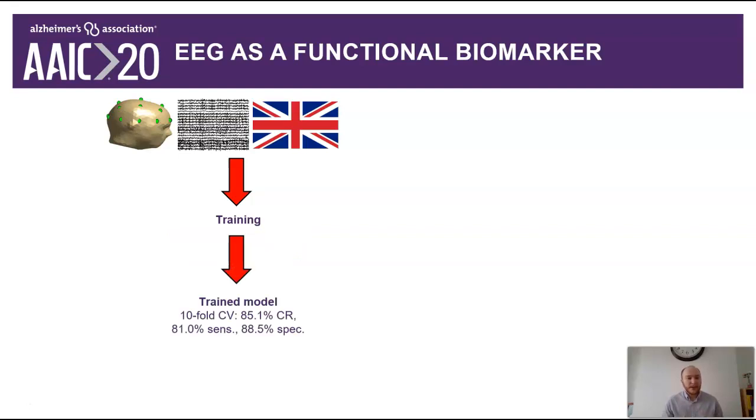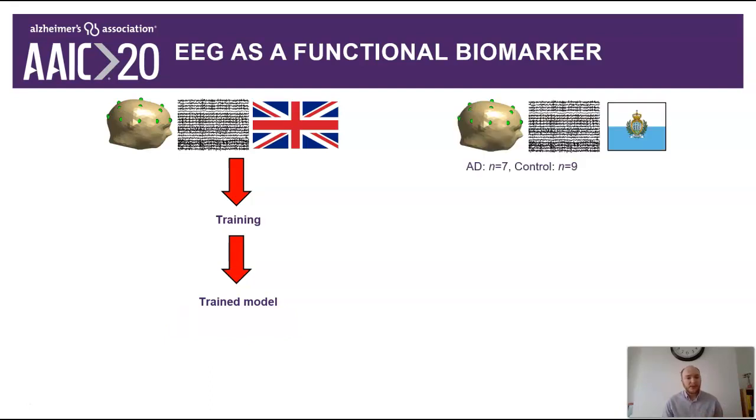So first of all, we just tested the ability of this model using 10-fold cross-validation. And we found that we got high classification rate, sensitivity, specificity, all greater than 80%. So to validate the model on a new cohort, we collaborated with the San Marino State Hospital Neurological Unit, who recorded an additional set of EEG.